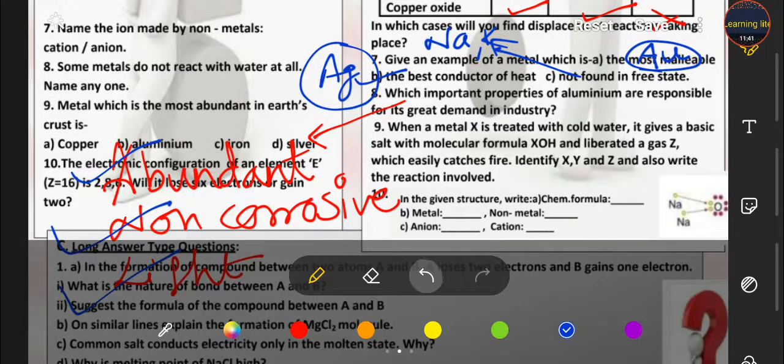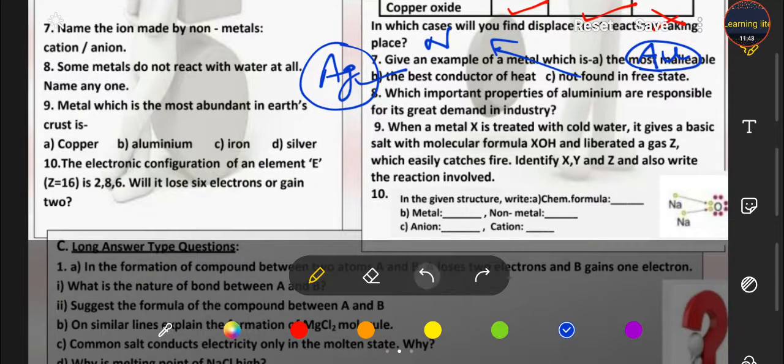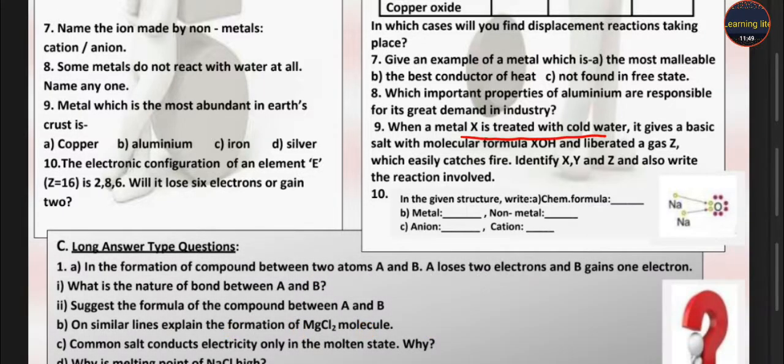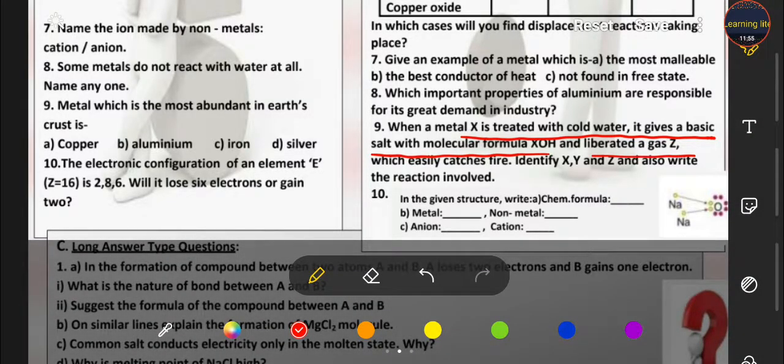Next question, student. When a metal X is treated with cold water, it gives a basic salt with the formula XOH and liberates a gas Z which easily catches fire. Identify X, Y and Z. So student, we have to write the reaction here.